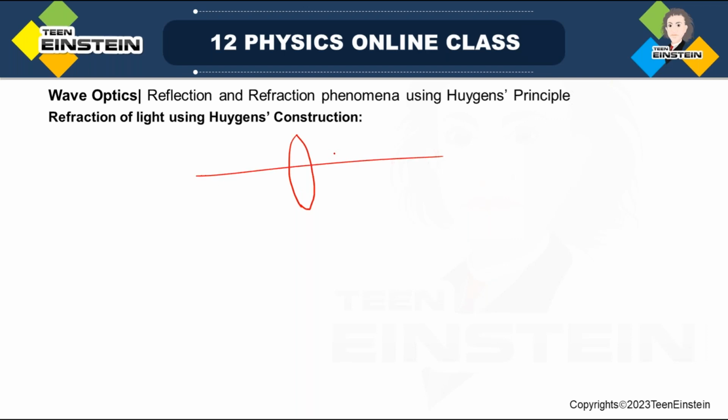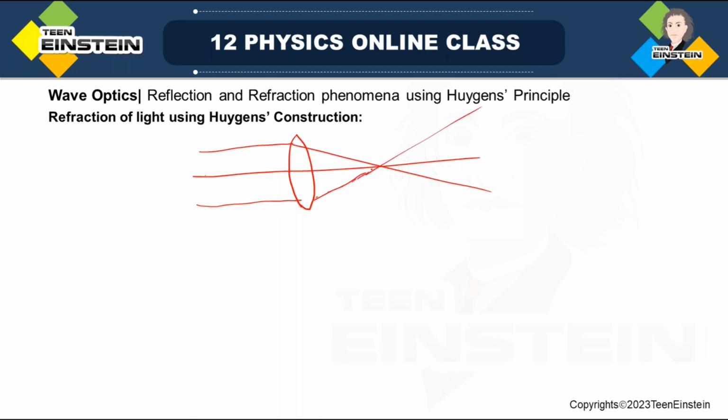If we go for just ray optics, any parallel ray incident will actually meet at a focus, right? So after refraction, the rays meet at some point, right? How do we explain this?